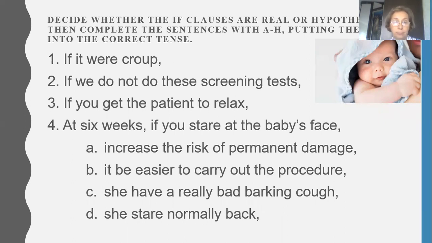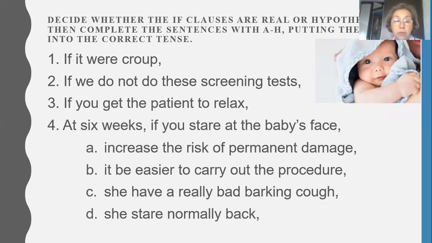Number 1, if it's a virus group, I think she sleep bed breaking cough.